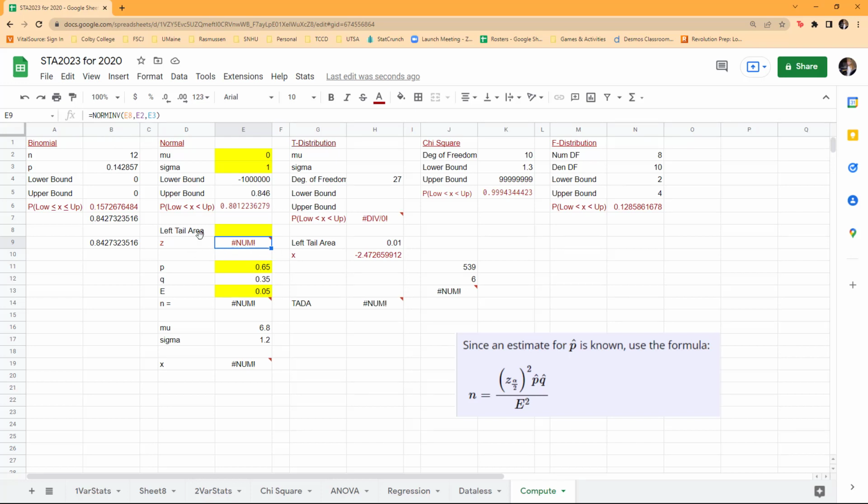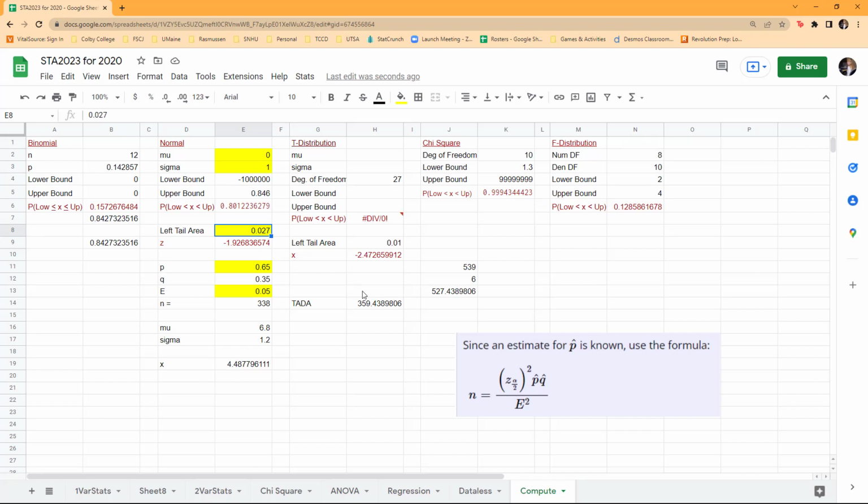This is going to give me the z-value for this area. So I need to put in 0.027, okay, and notice what the formula is doing. So it wants the area, okay, that's first, the E8 cell, and then the 0 and the 1. So only those 3 cells matter.